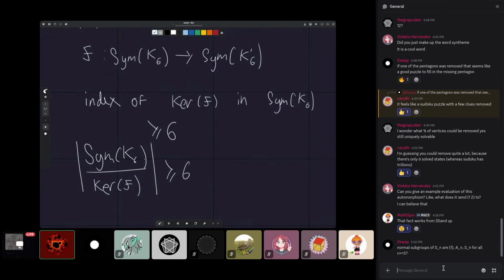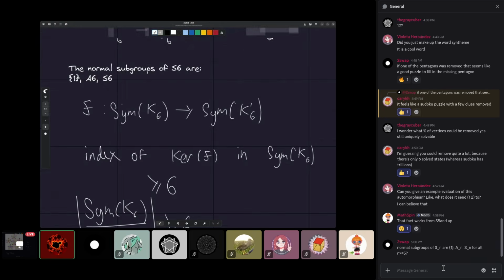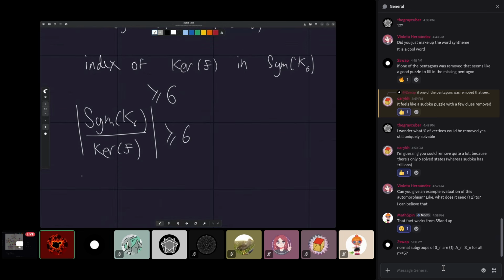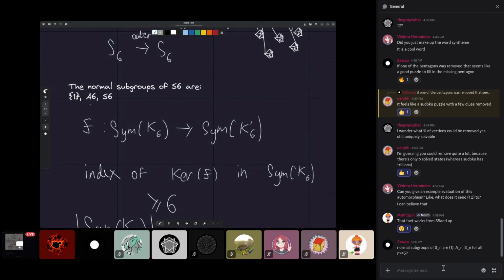On the other hand, we know the kernel of F is a normal subgroup in your Sym 6, and we know from this fact, which I've not proven, there's only 3 possibilities.